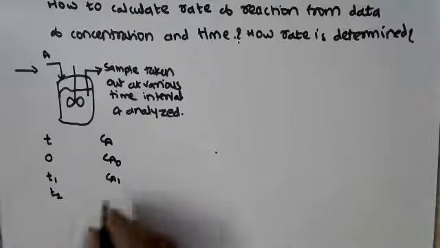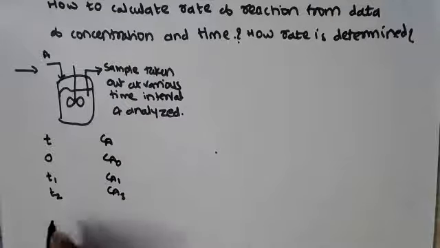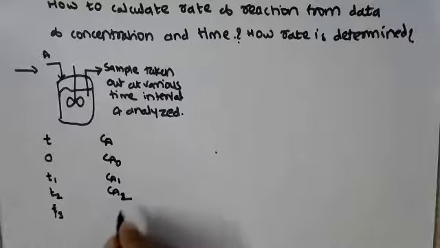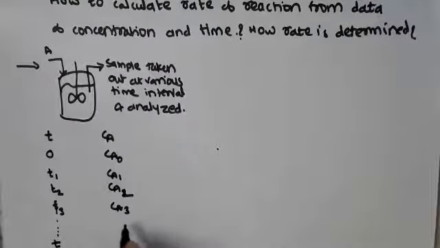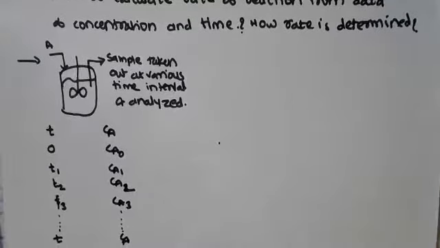At time t is equal to T2, concentration is CA2. At time t is equal to T3, concentration is CA3. And likewise, say this is the final time and correspondingly the value of the reactant concentration measured.